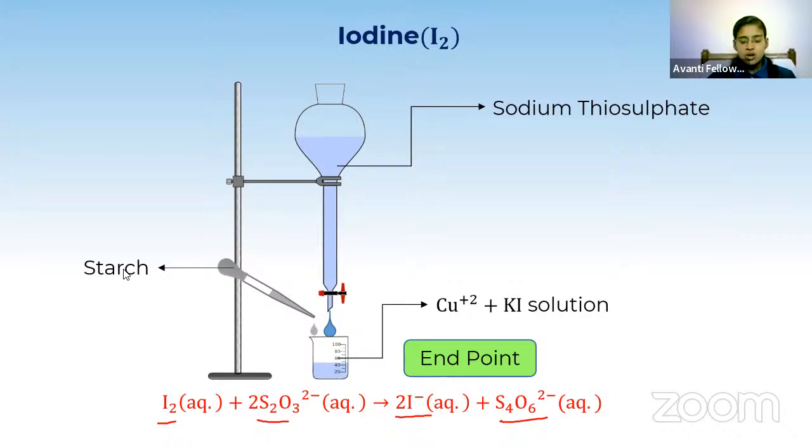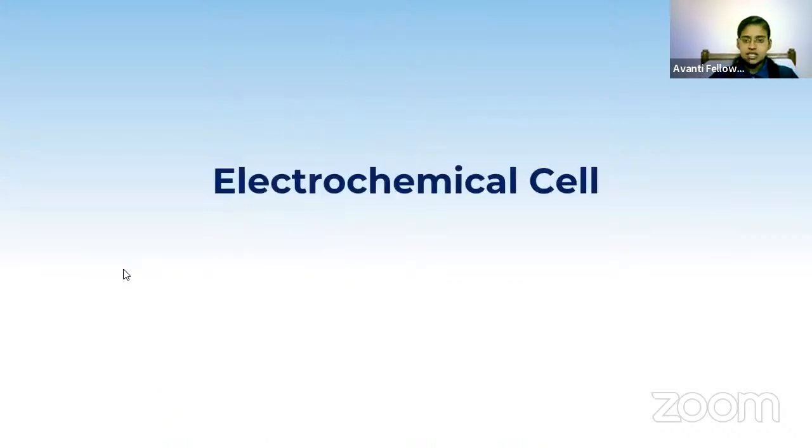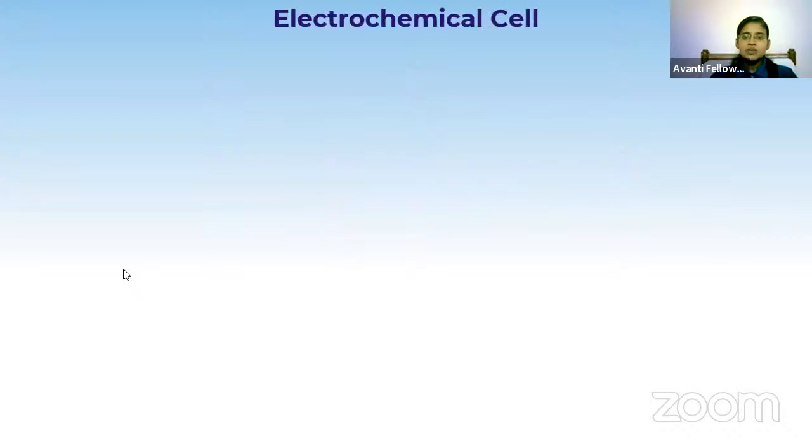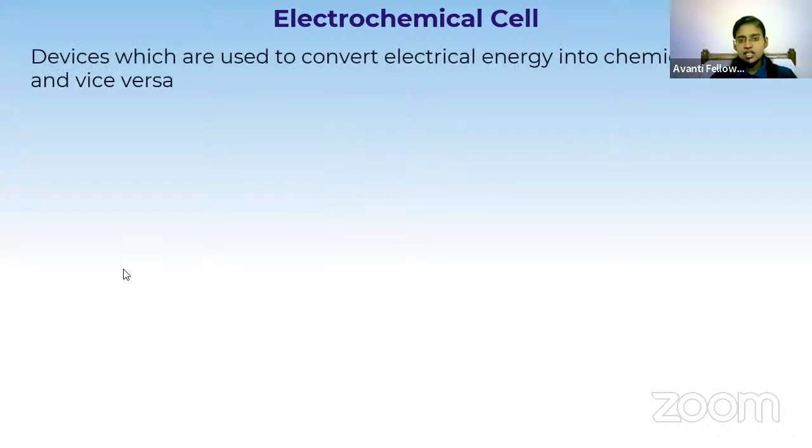Okay, so now let's go for the second topic of today's session, which is electrochemical cell. So what is meant by electrochemical cell? Electrochemical cell is a device which is used to convert electrical energy into chemical energy and chemical energy into electrical energy. It is vice versa. Okay.